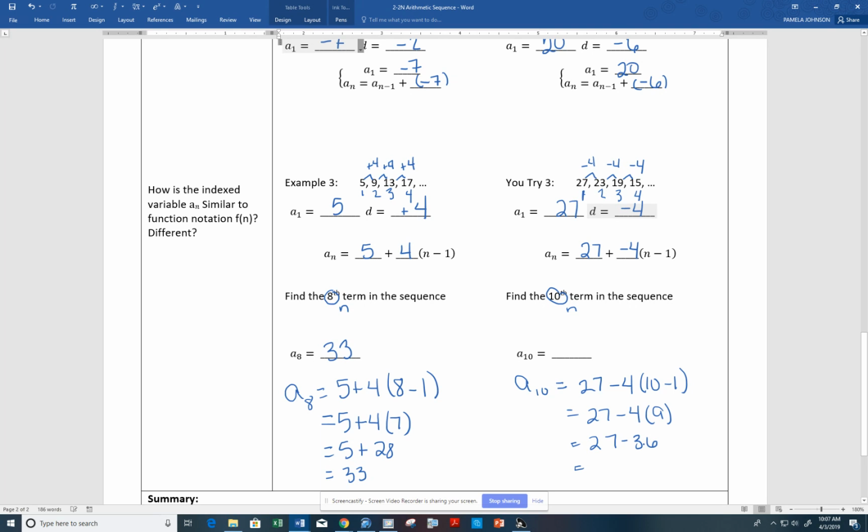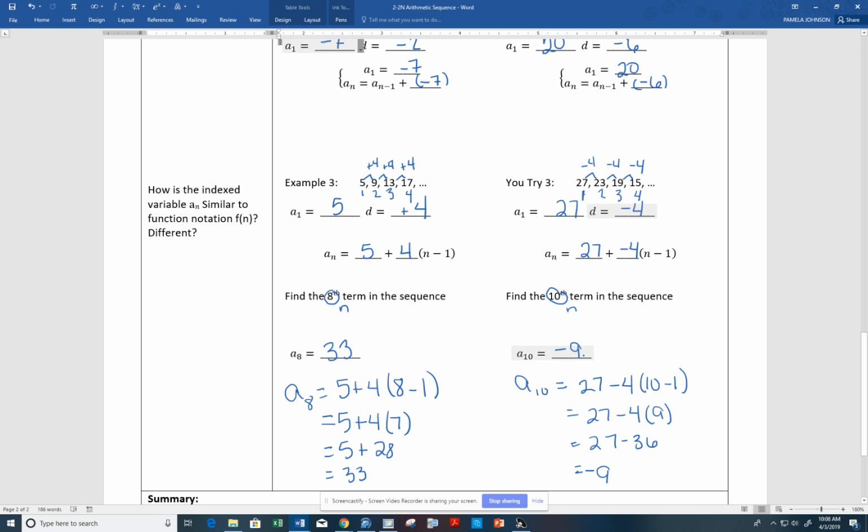So 27 minus 36 is going to be, wait a minute, it's a -11. Okay, I almost forgot my negative, guys. Nope. Ms. Johnson has an error. Did you spot that? Okay. 36 minus 27 is 9. Since the 36 is bigger, it is a negative 9. So the 10th term is negative 9.